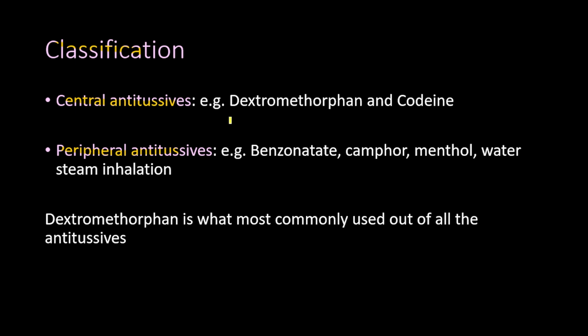Now examples for the central antitussives include the dextromethorphan and the codeine, while examples for the peripheral antitussives include the benzonatate, the camphor, the menthol, and the water steam inhalation. Now the dextromethorphan, which is classified as central antitussive, is what is most commonly used out of all the antitussives.